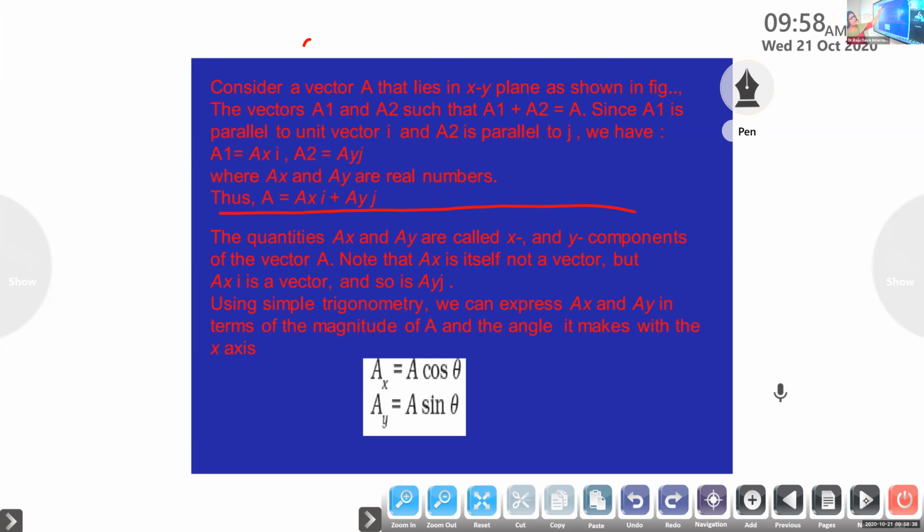Consider a vector A. There are 3 minutes left. You can just do up to here. Consider a vector A that lies in the XY plane as shown in the figure.